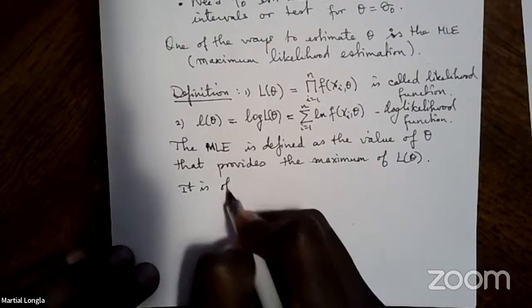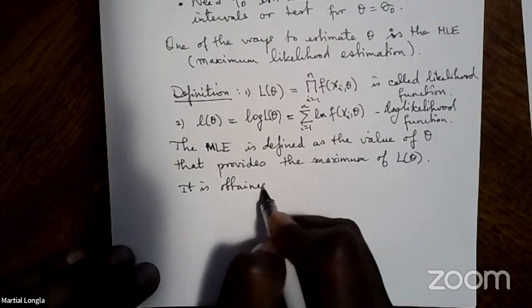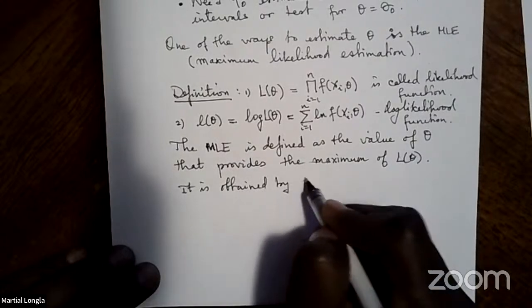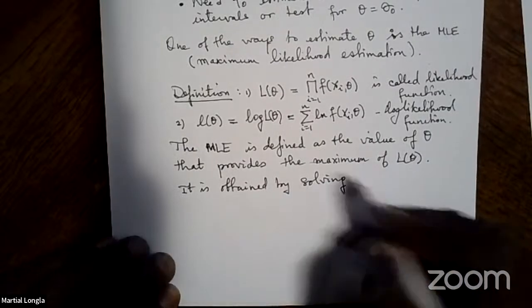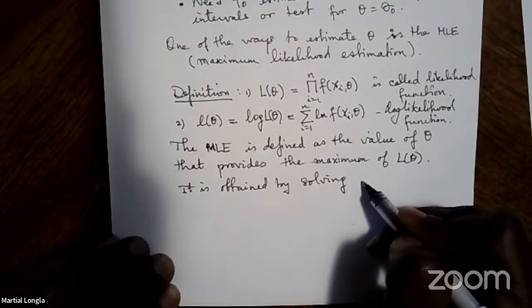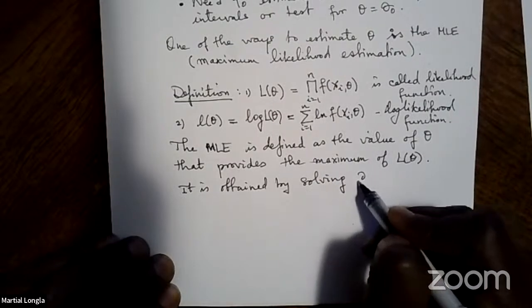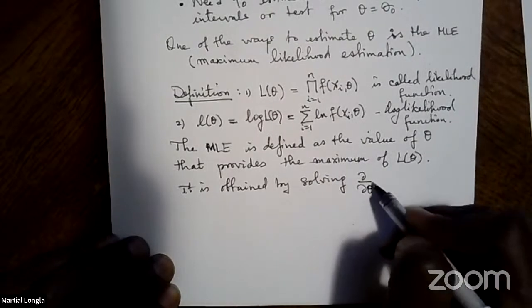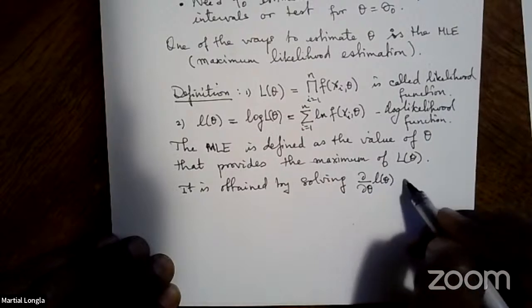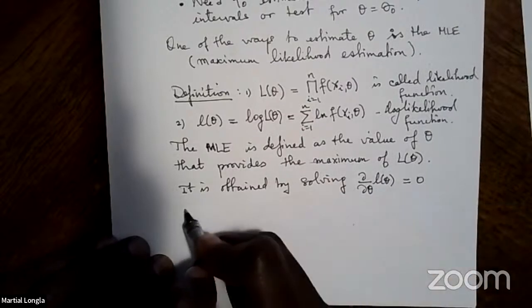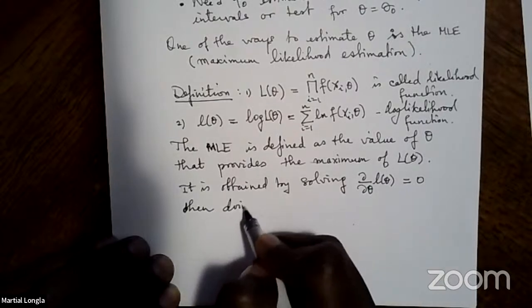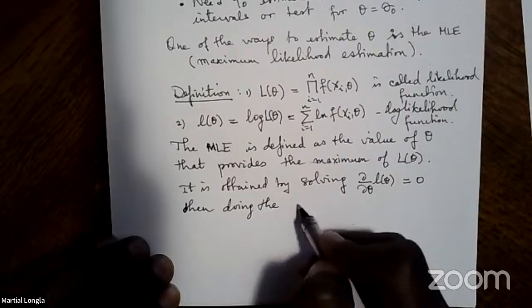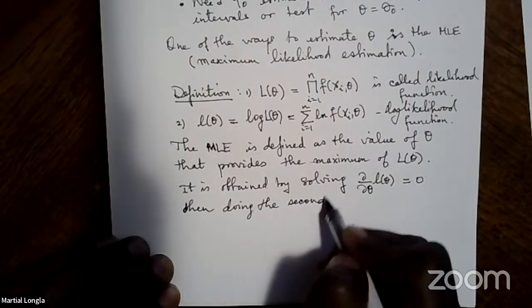It is obtained by solving the derivative with respect to theta of l of theta equals 0, then the second derivative test.